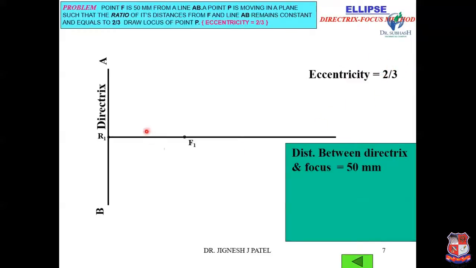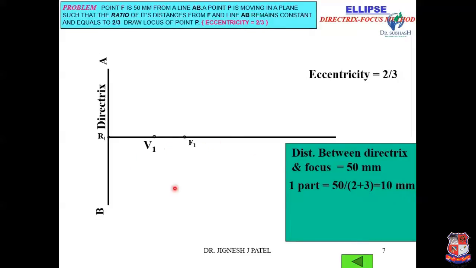That means we have to mark the vertex between R1 and F1 in such a way that the ratio VF upon VR maintains 2/3, and the distance R1F1 is 50 mm. So mark V1 in such a way that one part is equal to 50 by (2 plus 3), that is 5, so 10 mm.